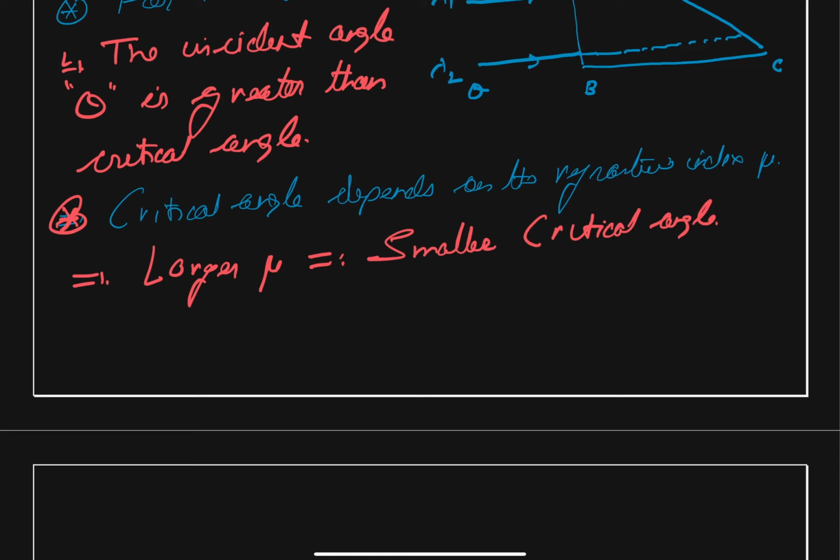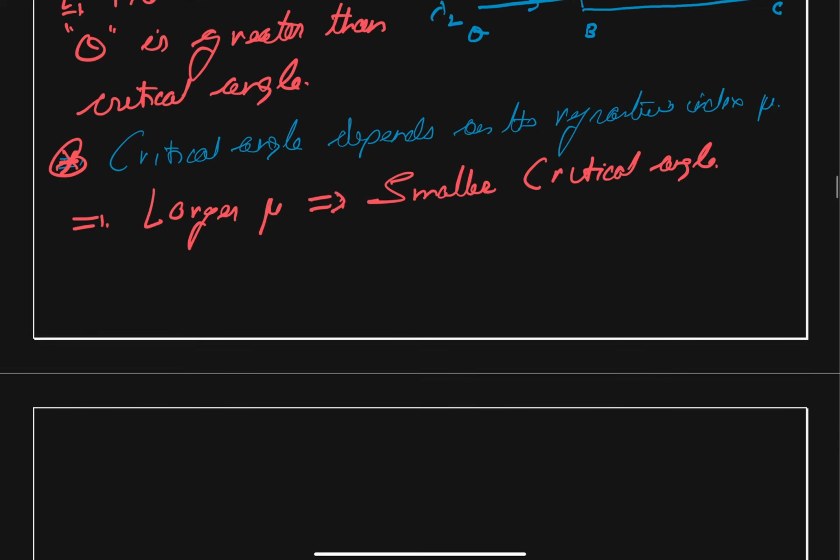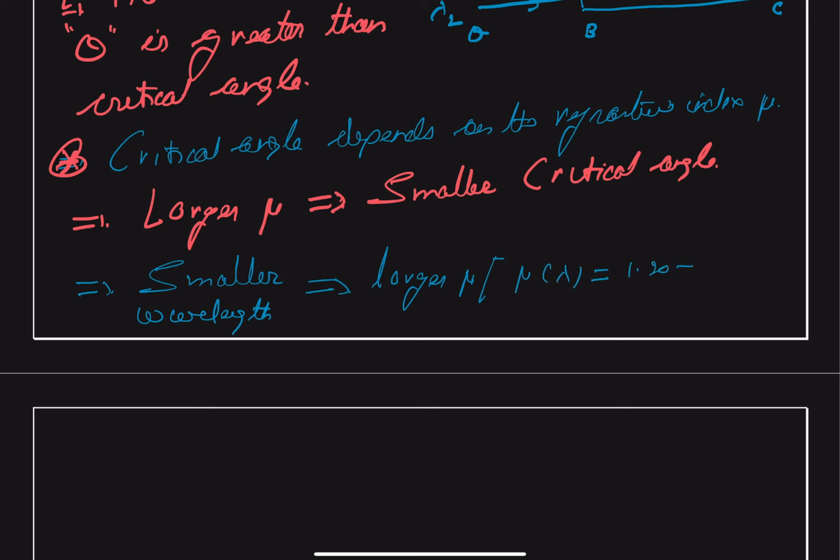And this is also related with the wavelength, and we can say that smaller wavelength is giving us a larger mu, because the relationship mentioned is that mu of lambda is given as 1.20 plus b upon lambda square, resulting in larger mu.